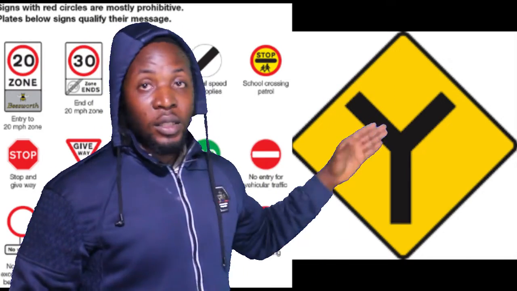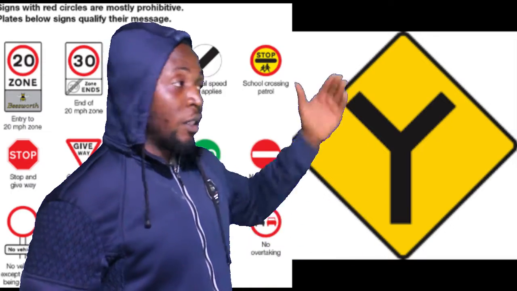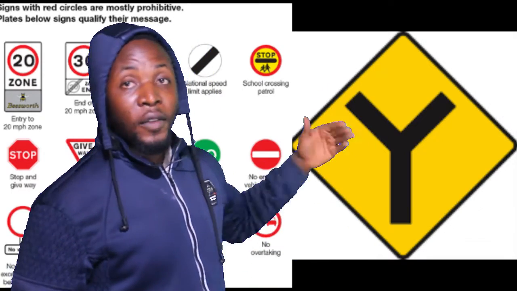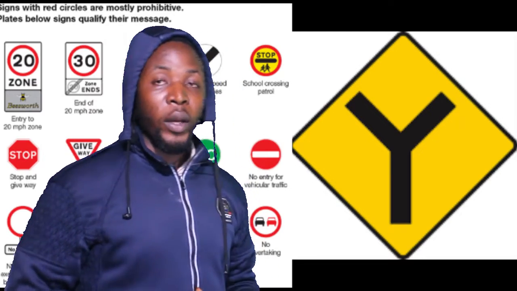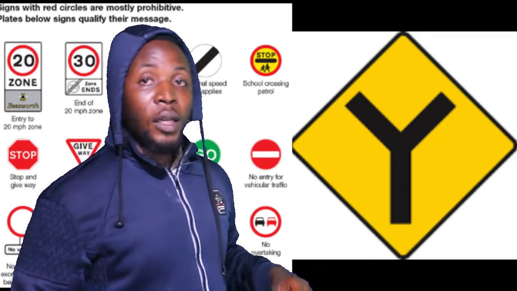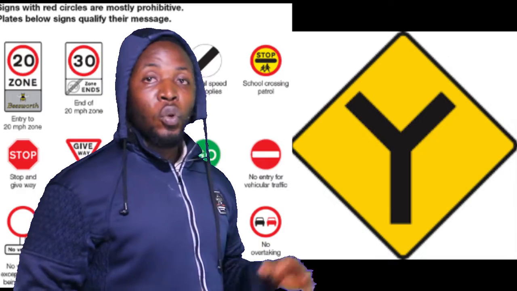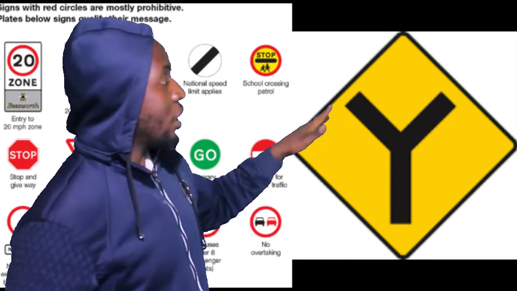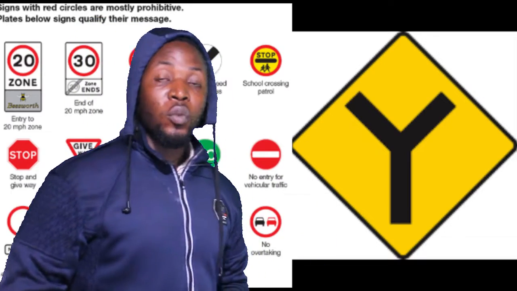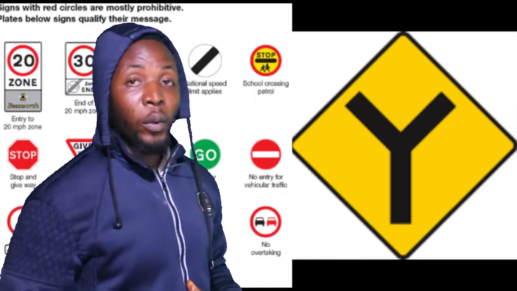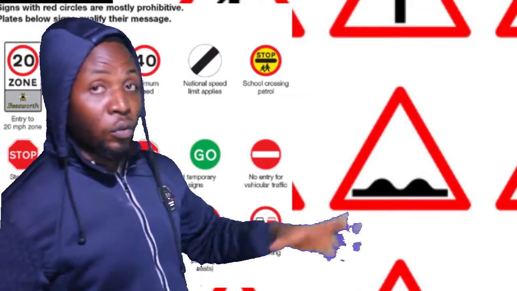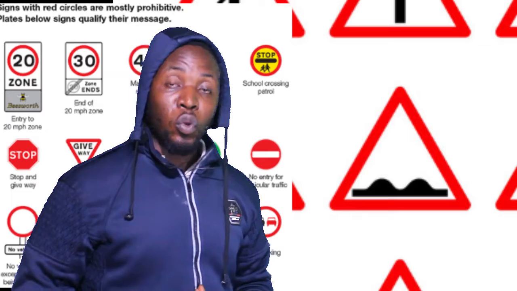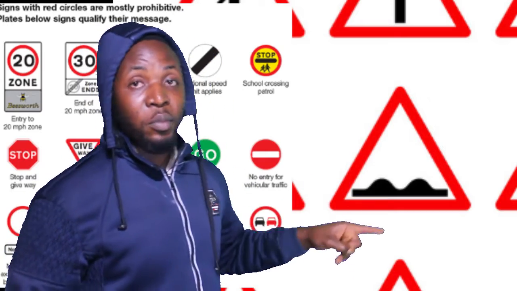Whenever you see this sign, know that 50 meters ahead you will meet what the sign is indicating. These signs are just to warn us to be careful whenever we are driving. If you see the sign of a speed bump, know that you have to slow down because there is a speed bump in front of you.